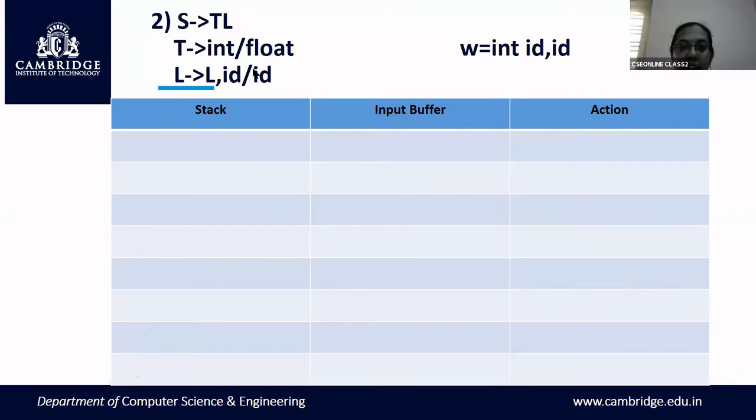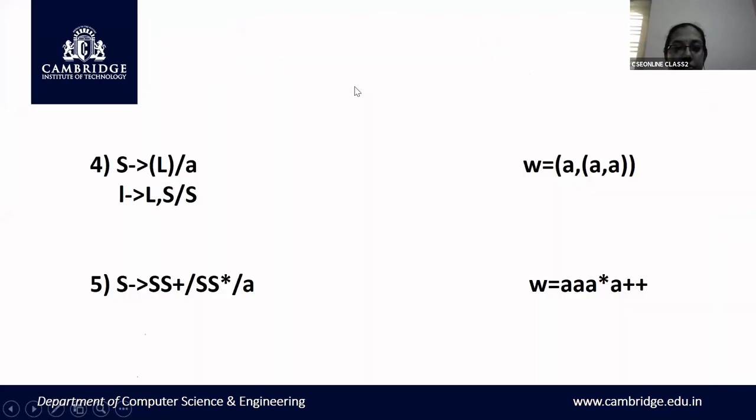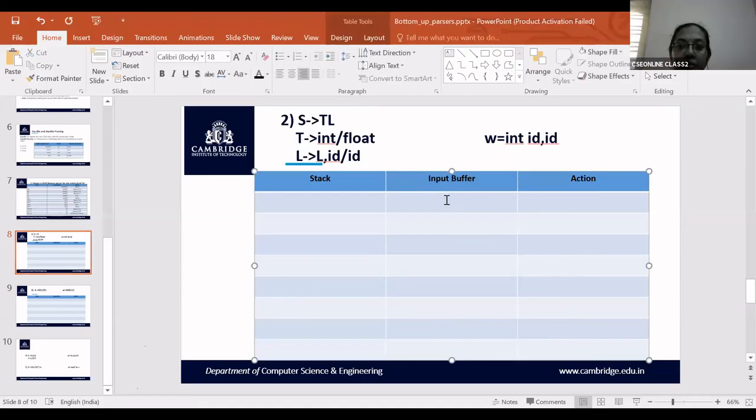So this is the given grammar and this is the given input string. You are supposed to parse the input string int id comma id using shift reduce parsing. As I have already told, the input buffer will have the string int id comma id, and the stack will be empty initially with the dollar symbol.